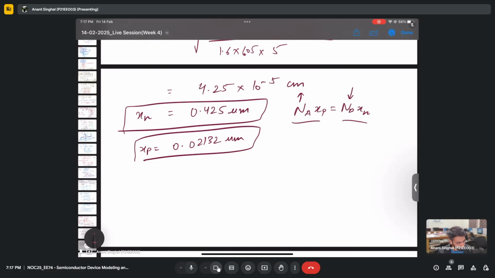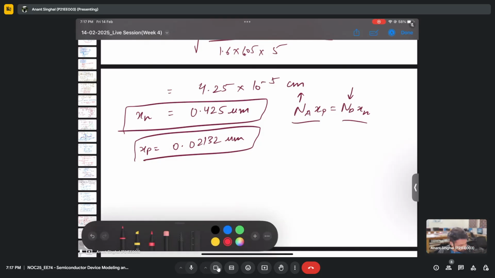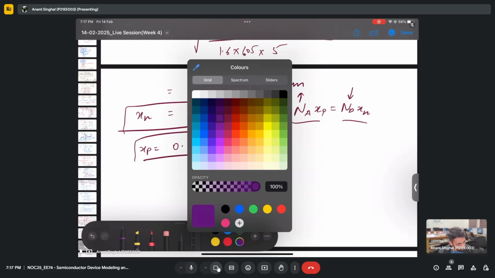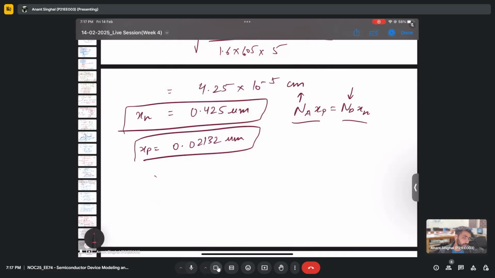I mean, hole concentration is more, so the depletion region will grow more towards the inside. Yeah, Xn will be higher. So to make them equal, this will be higher and this will be lower.